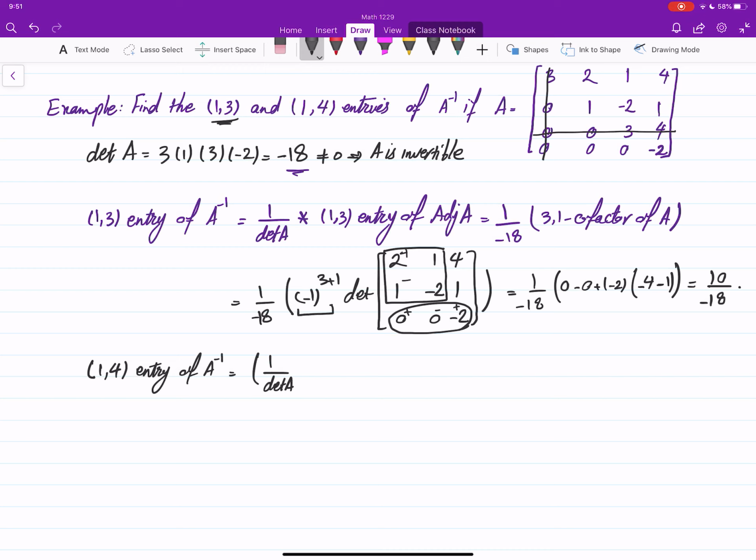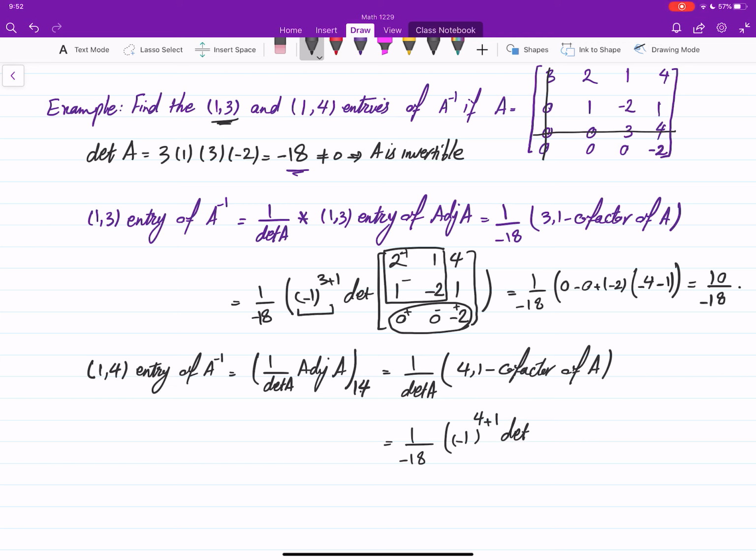A inverse is 1 over determinant times the adjoint of A. So the 1,4 entry is 1 over determinant of A times the 4,1 cofactor of A. This is 1 over negative 18 times negative 1 to the power 4 plus 1, determinant of the 4,1 submatrix.